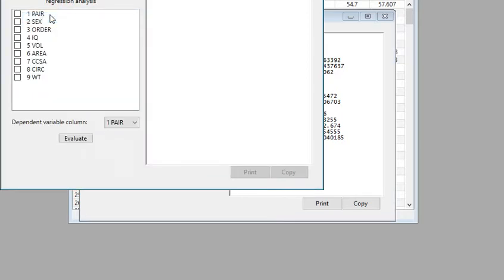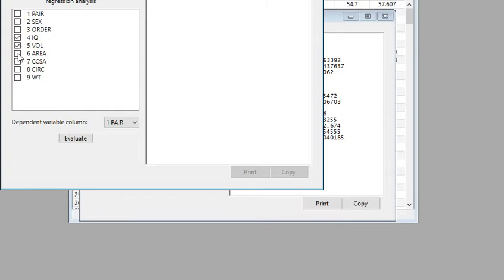Let's just do a few here. So we'll do IQ, volume, and weight.